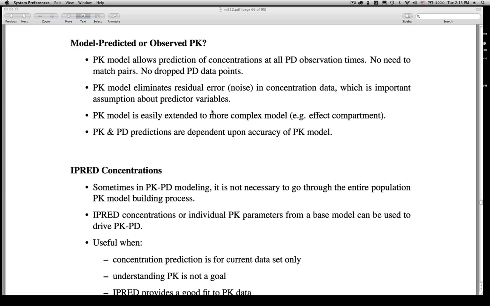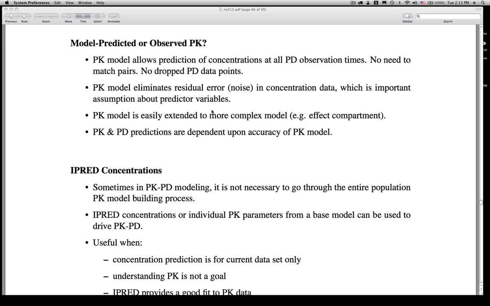So if the study design is one that doesn't have matched pairs in time, it doesn't cause a problem. You can always use the model to predict the concentration in that individual at that particular time point. The advantage here is you have no dropped pharmacodynamic data points due to a lack of a matching concentration observation.